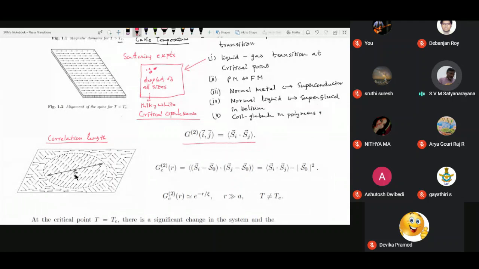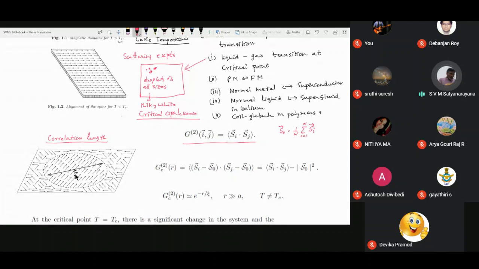But you can also talk about an average behavior. That means you can define this S0 as, if there are n number of spins, 1 over n, sum over i equals 1 to n, of Si. So this is the average value of the spin.